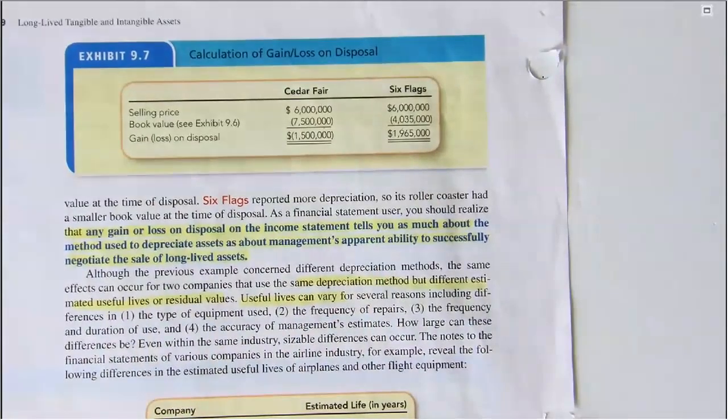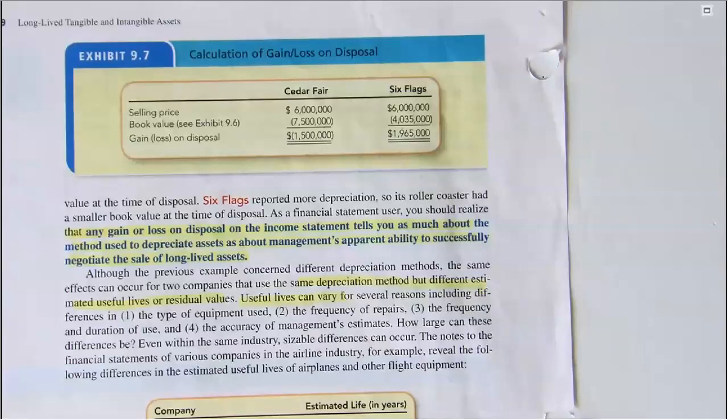So now, because of learning this information, when you see a gain or loss on the income statement, you look at the notes to that income statement and look at the type of depreciation they use. Because if they had used a different type of depreciation, maybe it would have been a gain instead of a loss.